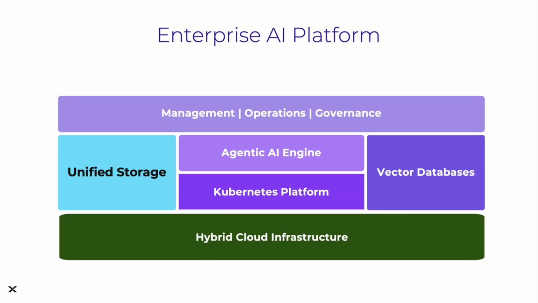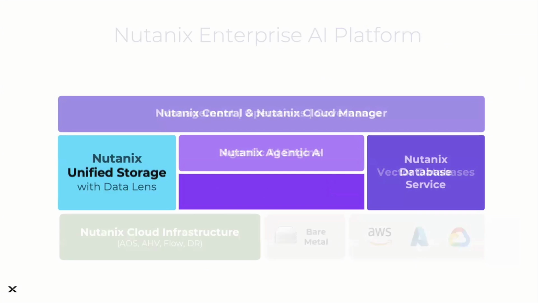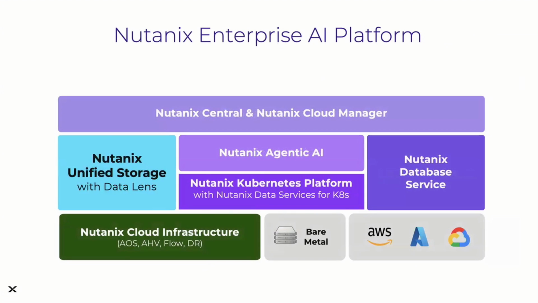They need storage, which is a unified storage offering, and then vector database and database management. And all of this is tied together through a very comprehensive management, operations, and governance layer. This is the stack that we envision, and that is what we provide today to our customers.